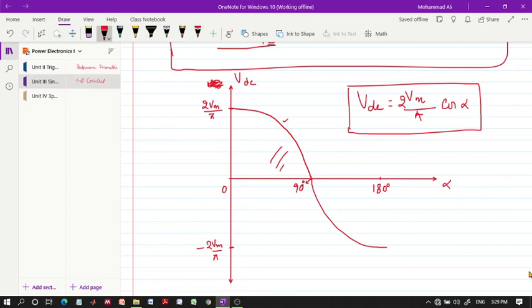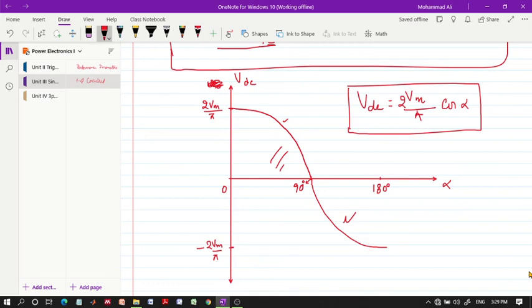As we move beyond 90 degrees, the power flow will alter. There will be durations in which power transfers both ways, but overall the average power transfer will take place from the load to the source in this zone.